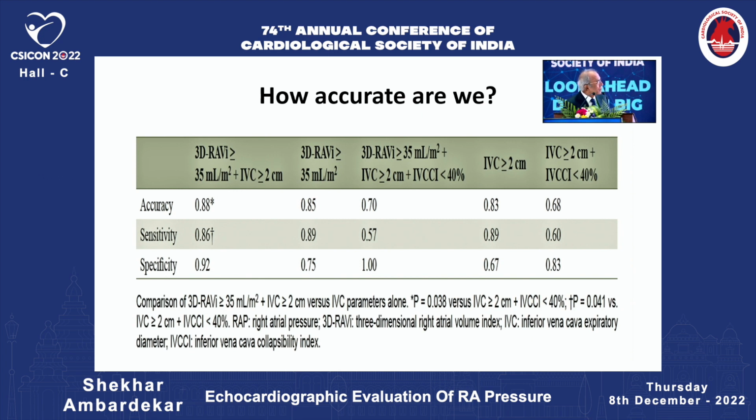If you take IVC diameter plus collapsibility index of more than 40% or less than 40%, then sensitivity of course will drop further, but specificity will increase. However, if you use all three, that is 3D RA volume of more than 35, IVC dilatation more than 2, and IVC collapse less than 40, then sensitivity will drop, but specificity will be very high. So if we use all three, our specificity is going to increase.